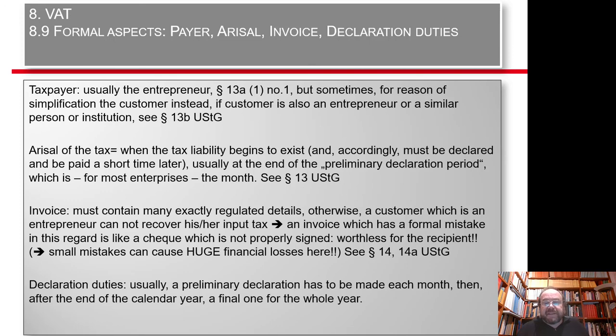The tax arises usually at the end of the preliminary declaration period during which the transaction was made, paragraph 13. The invoice, the contents there is absolutely regulated. There you would get the information in paragraphs 14 and 14a UStG, a long list of things which an invoice must fulfill. And declaration duties, okay, that's rather specific, let's forget that.